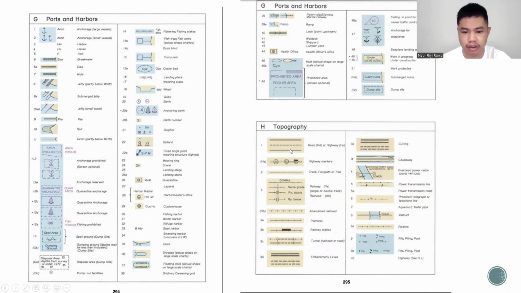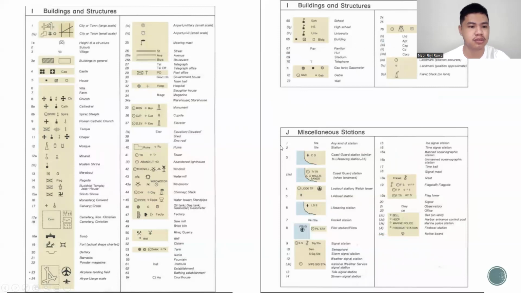So road or highway. Now let's go to the buildings and structures. This is the buildings in general and its symbol. Then it's the tomb, so basically like a graveyard. Then a cross. Okay.